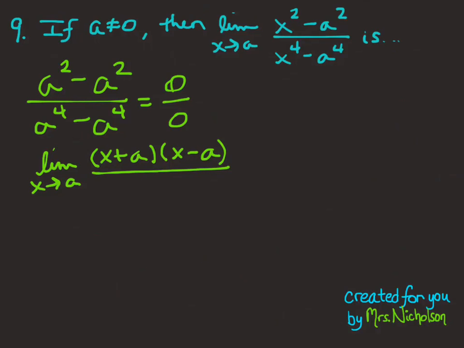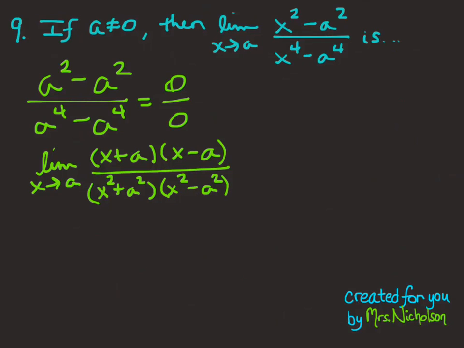Since those exponents are even, that's also a difference of two squares. So when I factor this, we're going to have (x squared plus a squared)(x squared minus a squared), just like we would factor a difference of two squares, except that our exponents were 4s instead of squares.